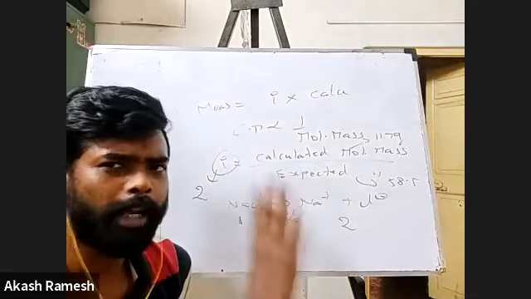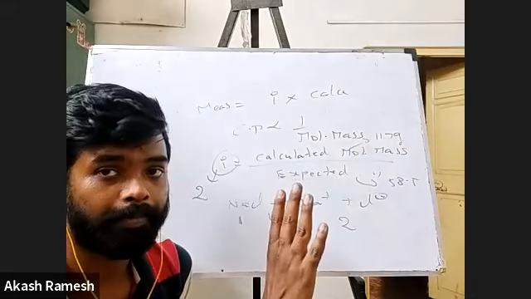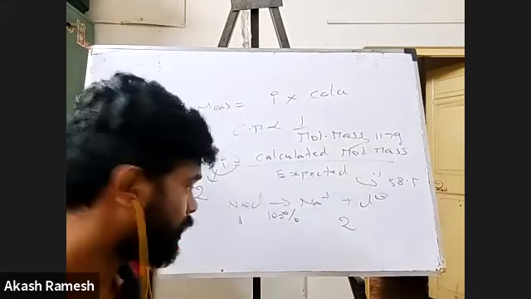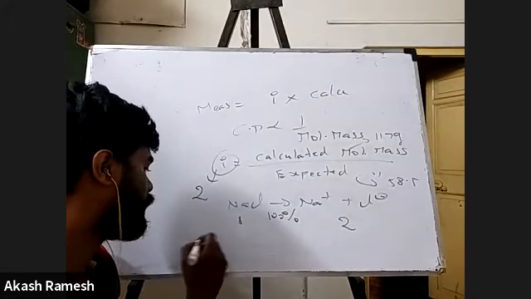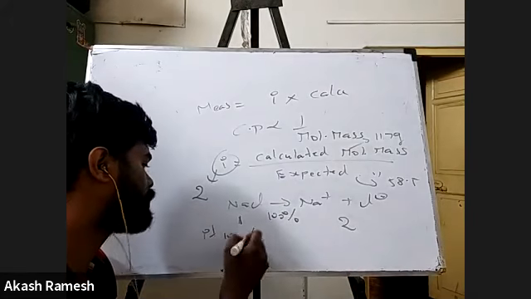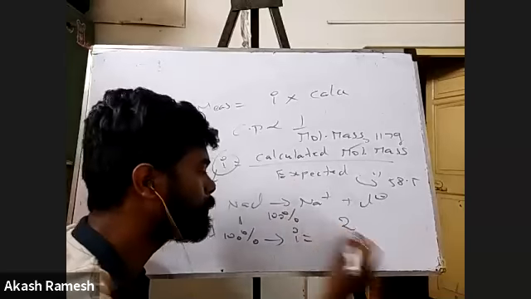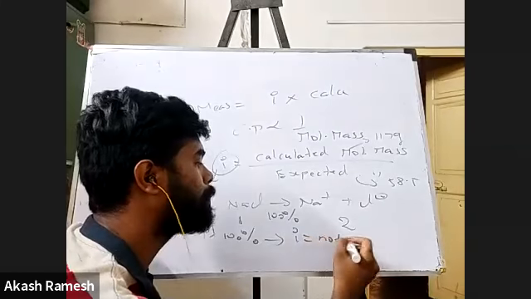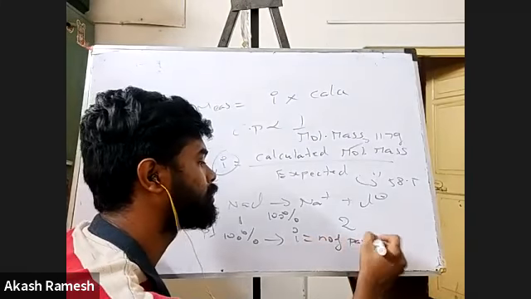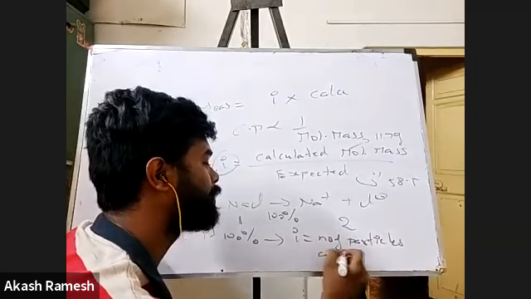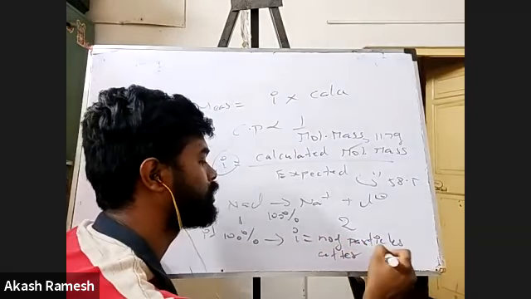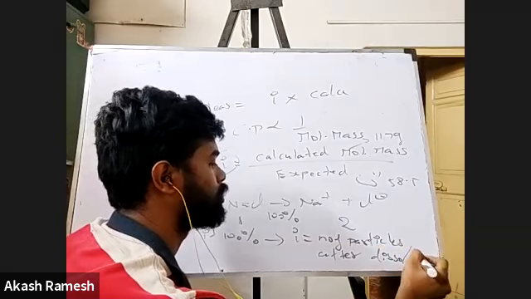So I think you will be able to observe certain things here. If 100% dissociation, the I value will be equal to the number of particles after dissociation or association.